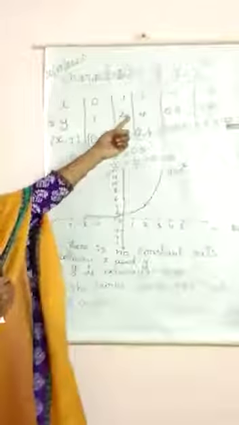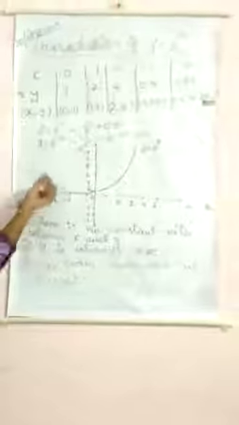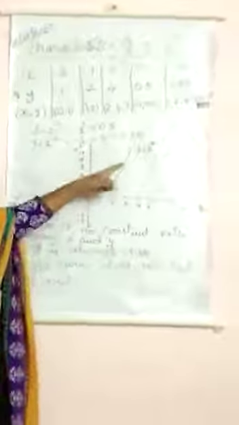If we take negative values, the curve passes just above the x-axis but doesn't cut it at any point. That means the y value is always positive because the curve lies only in the upper part of the graph. Okay, take this as classwork. Continue.